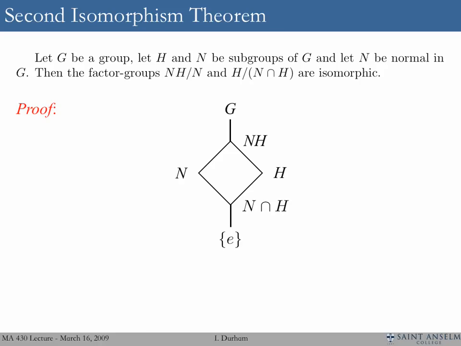Basically, if you've got an element in the group G, say let a be an element in G, the set of all elements that are conjugate to a is the conjugacy class containing a. That's it. Very simple.